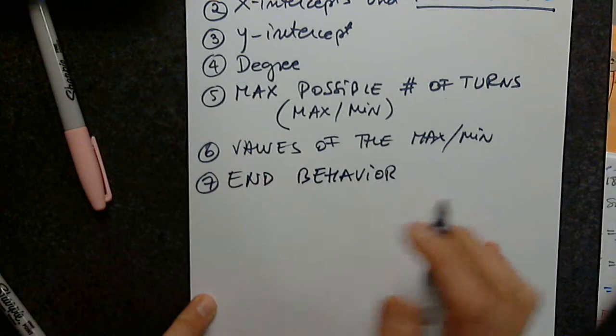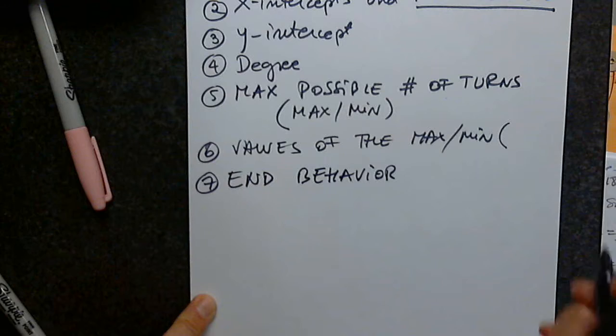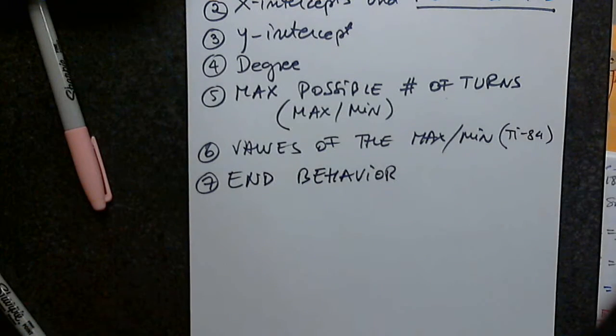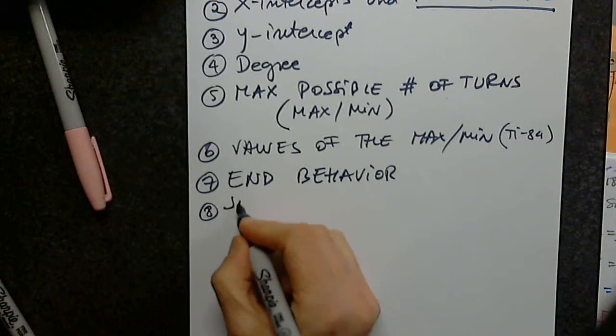And for number 6, I want to put in parentheses so it's clear: calculator, TI-84. We can't do that without the calculator. Okay? This is it. I should add here number 8, symmetry.